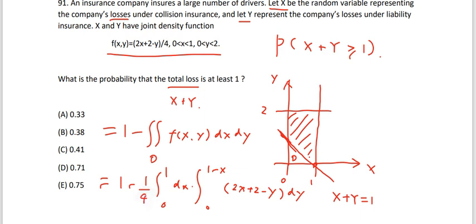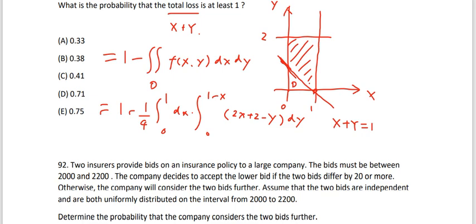Okay. So for this integration, by now it's easy, right? Let's say we have space, so let's do one more. So equal 1 minus 1 over 4. For this dy, first 2x plus 2 is constant, so this integrated out is (2x plus 2) times (1 minus x).